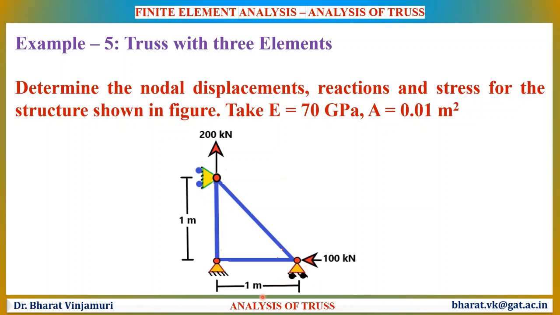If you carefully observe, at node number 2 there is a load of 100 kilonewtons, and at node number 3 there is a load of 200 kilonewtons. Also the Young's modulus and the area in meters have been given in this numerical example. Even though the values are in meters, we will try to have common notation where all the values will be converted into millimeters.